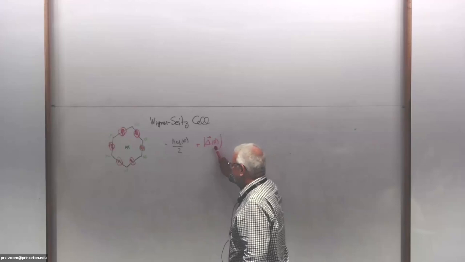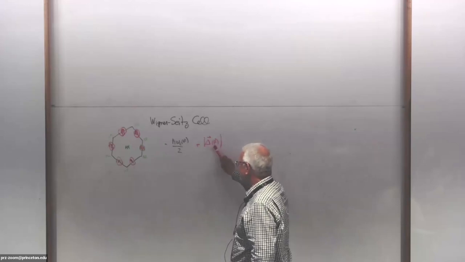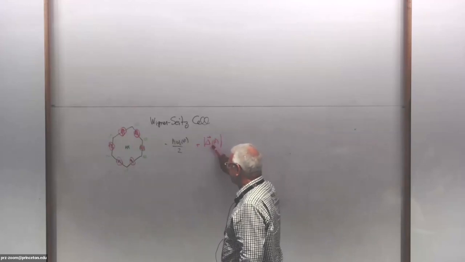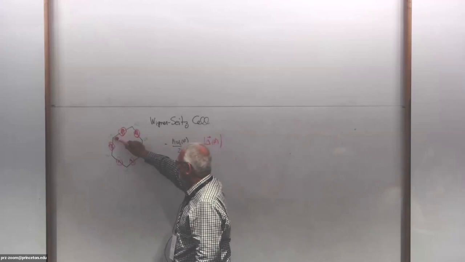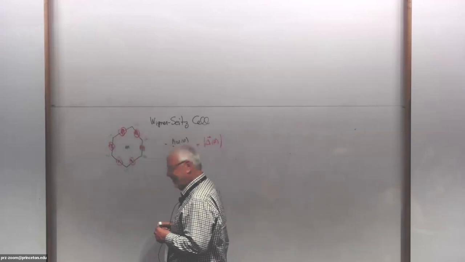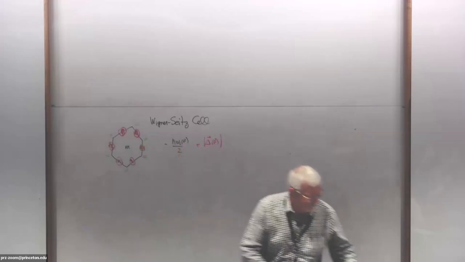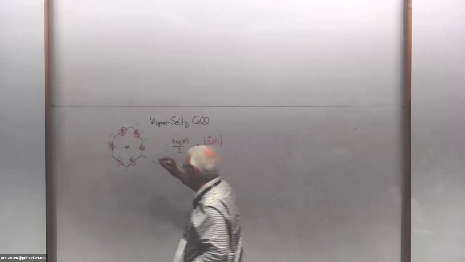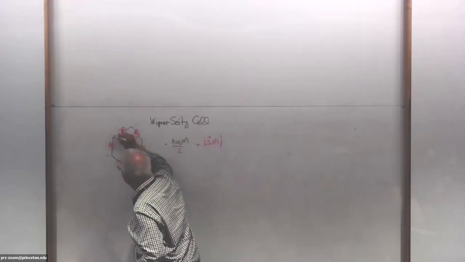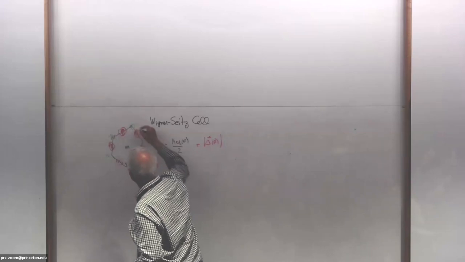And this is maximum, it's positive, and it's maximum at these positions. So here's the function, roughly speaking, that we want to cancel.